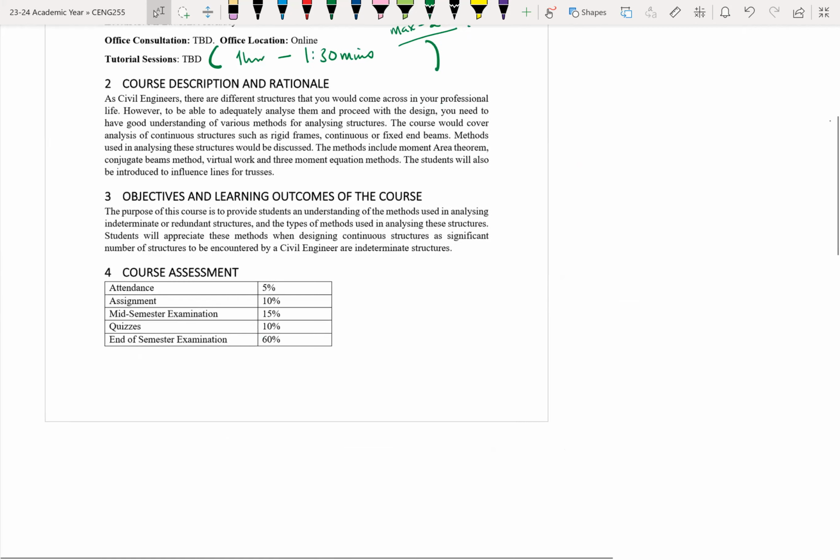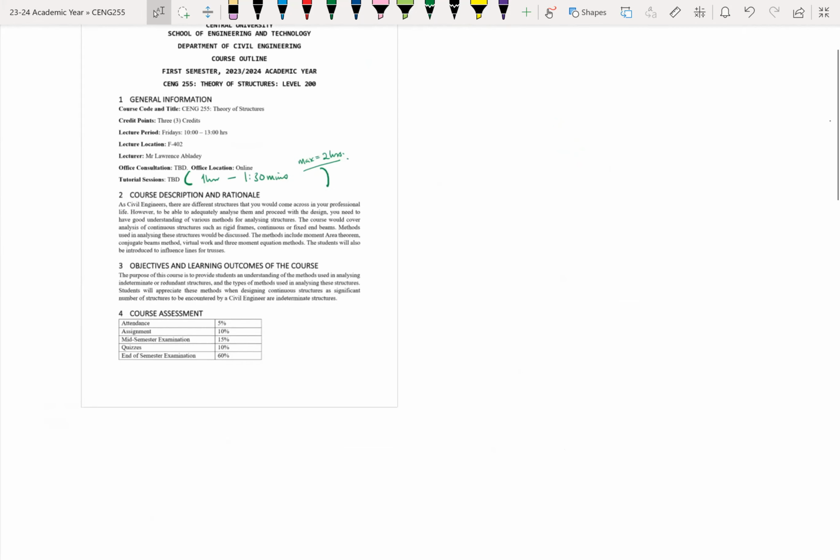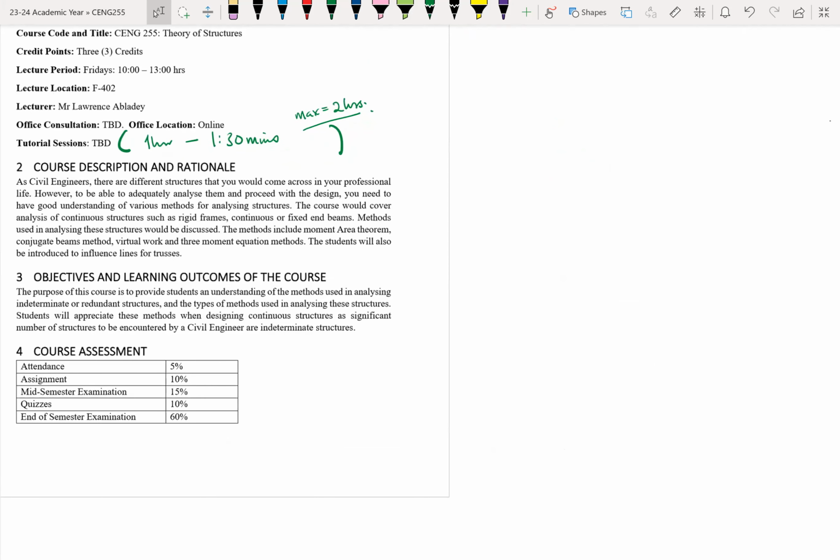I think I can write on the side. So you've done basic structures, right? That's your CENG 1.5.5, if I'm correct.